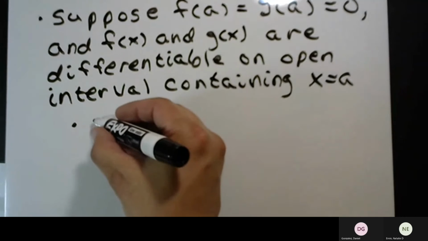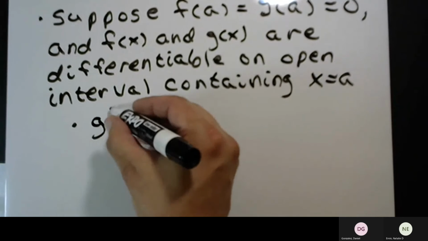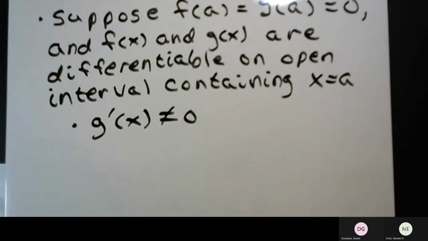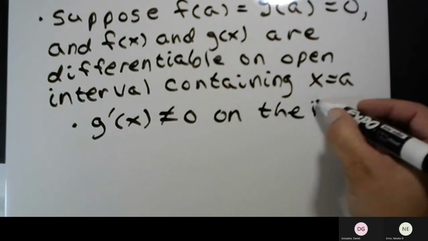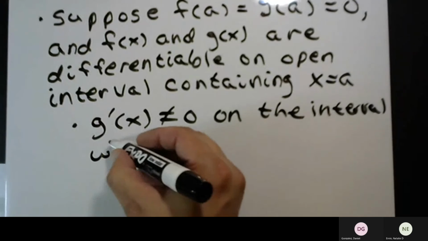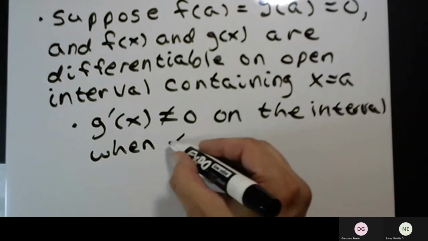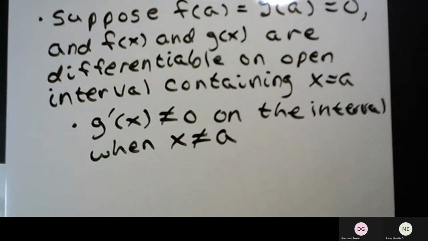Now, in addition to this, g prime of x, I'm not going to want that equal to 0 on the interval, and x isn't a.